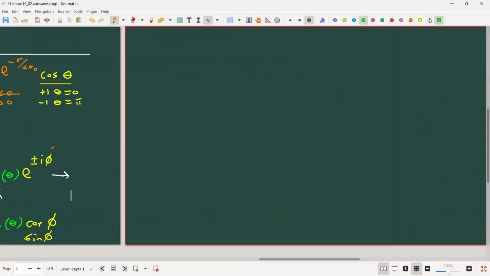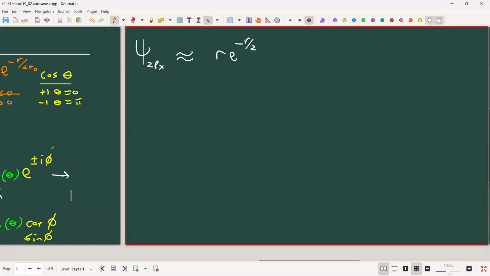All right. So my first function, we're going to say that psi of 2px kind of looks like r e to the minus r over 2a naught times sine of theta times cosine of phi. Let's go ahead and look at what that looks like.